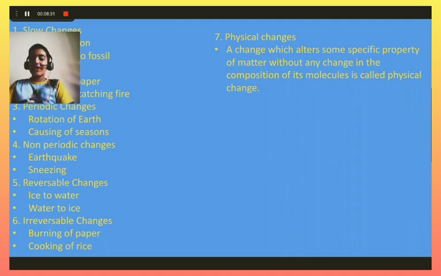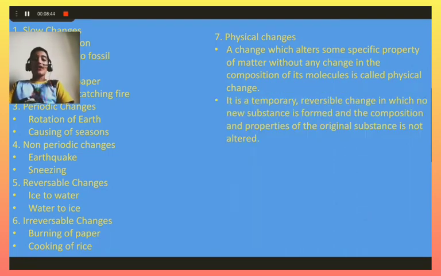If I convert ice to water, it is a physical change because it is the same ice that I have converted, only converted to water. But I have not changed the whole thing. It is also temporary because it can be reversed and it is not forming a new substance.